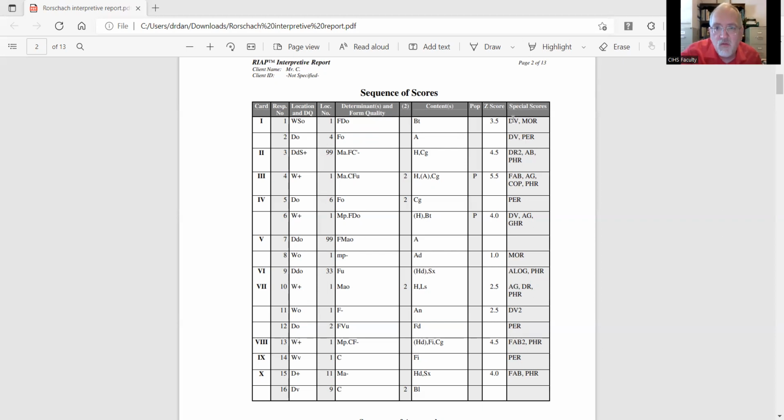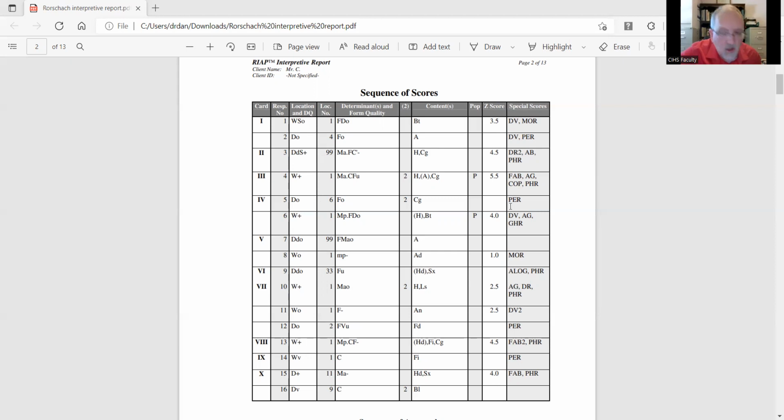So this is a score based to a large degree not on where the person saw their response, but on how they verbalized it, how they said things. And by the way, I am going to include this report in your materials for reading this week, so you can go through this in more detail.